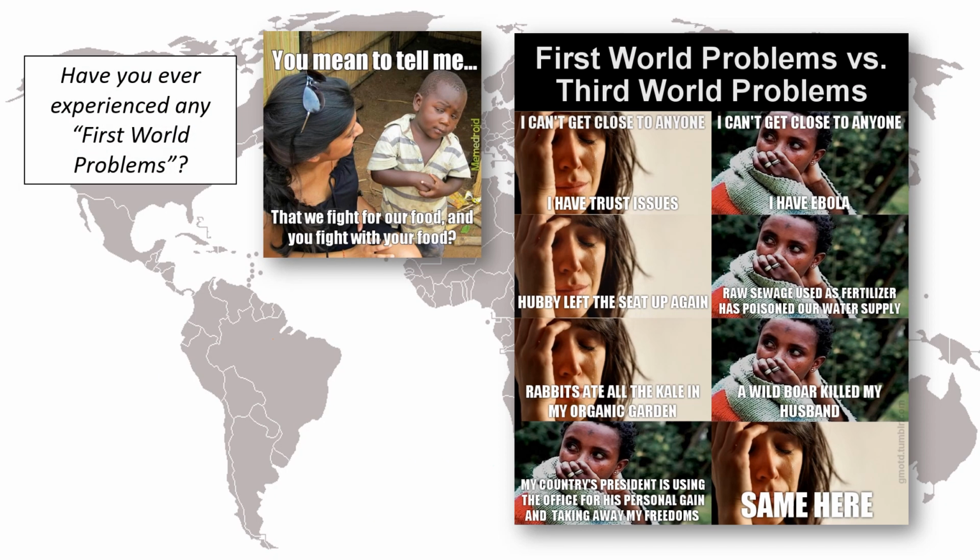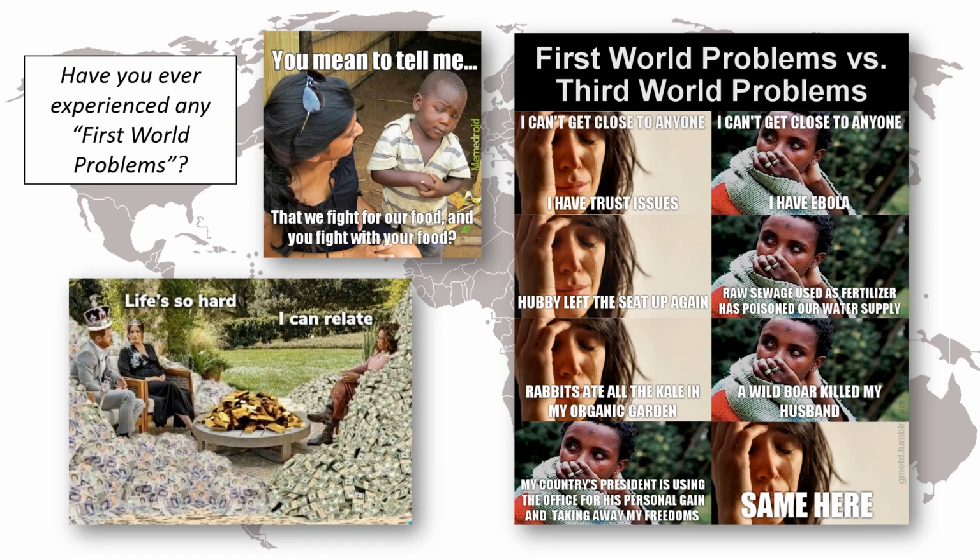Oh, and in popular culture, we sometimes make these observations about first world problems versus third world problems. What would be an example of a first world problem? A first world problem might be that Starbucks gets your coffee order wrong.